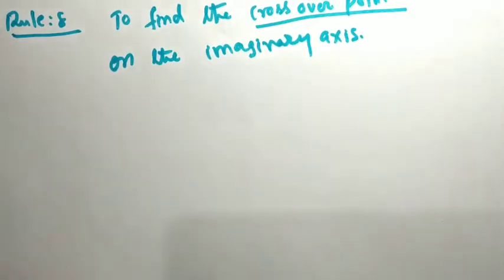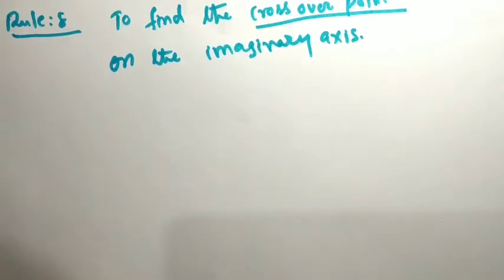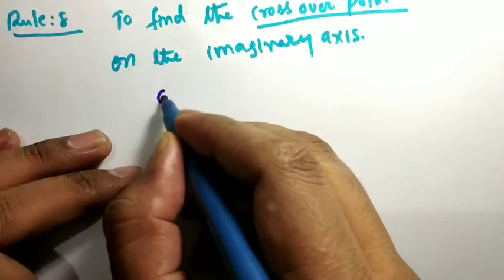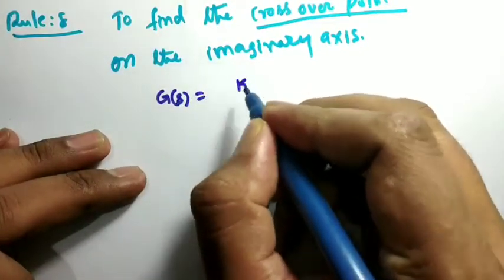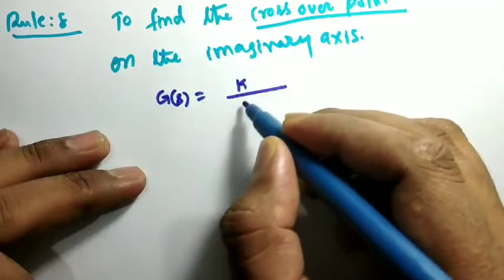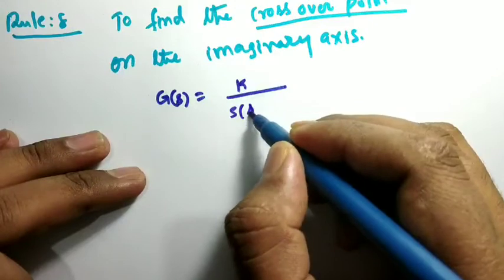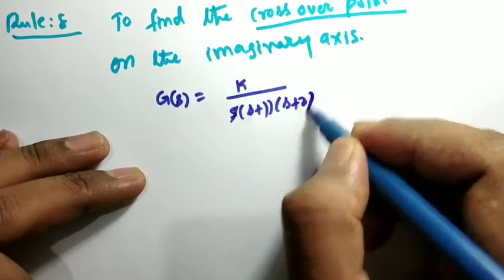If you take this example, the example is g of s, h of s equal to k by s into s plus 1 into s plus 2.